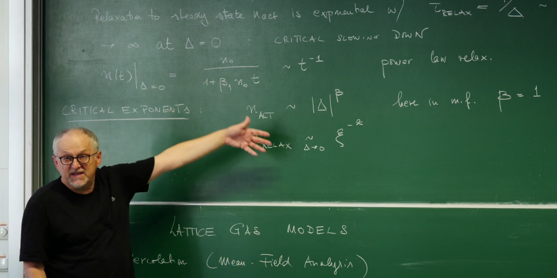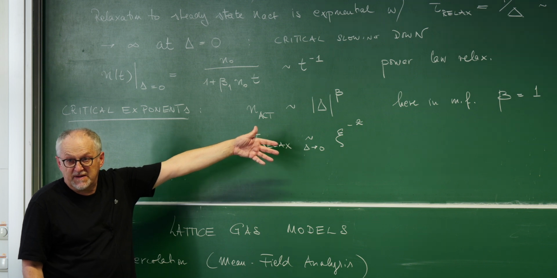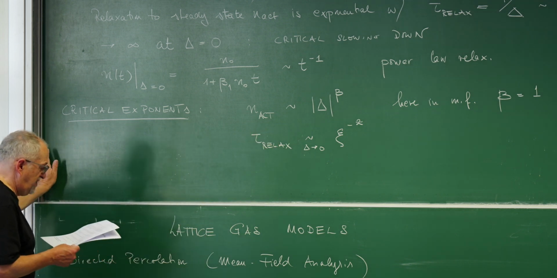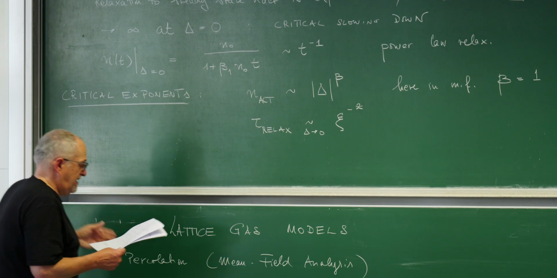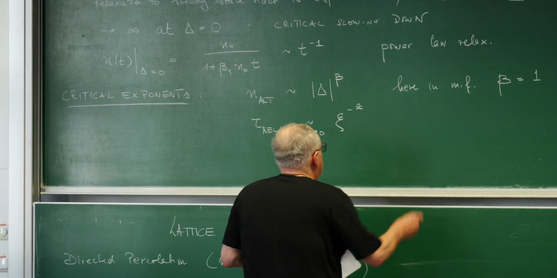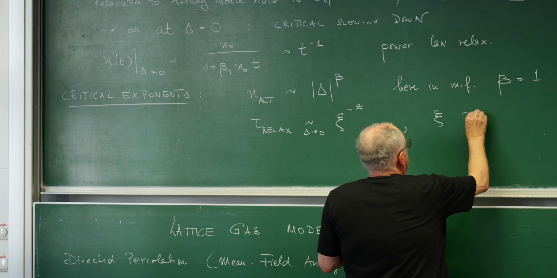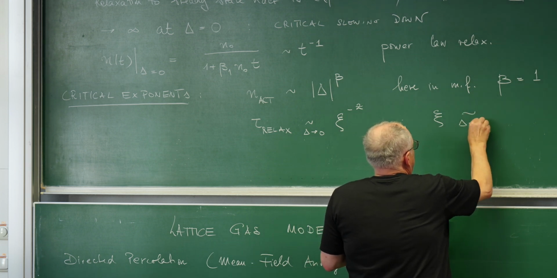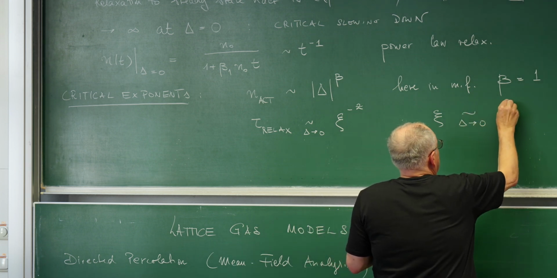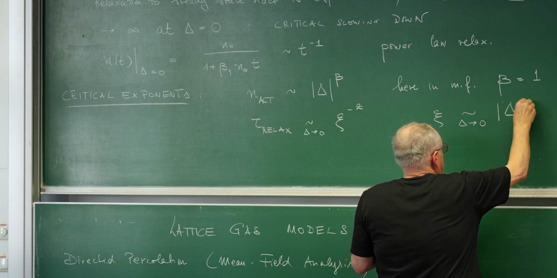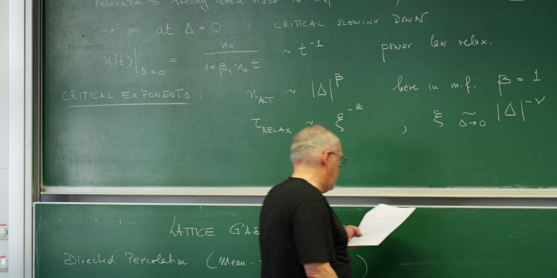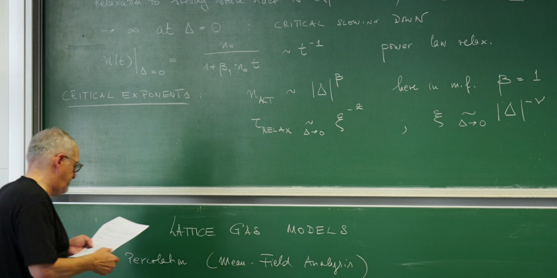I haven't defined yet a correlation length, right? We can do this in a minute. That correlation length, also by definition of what the exponents are, is supposed to scale like delta to the minus nu.